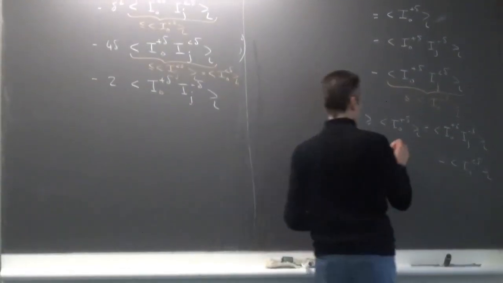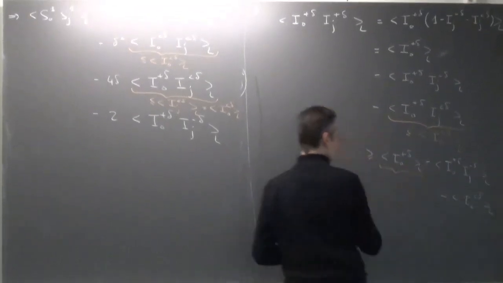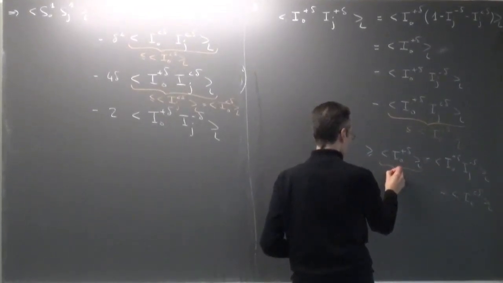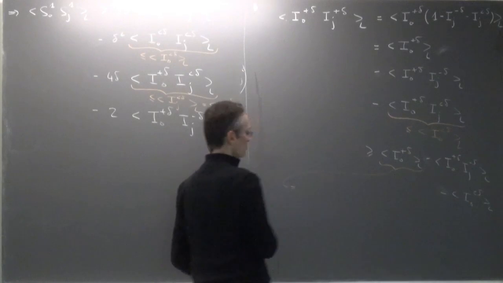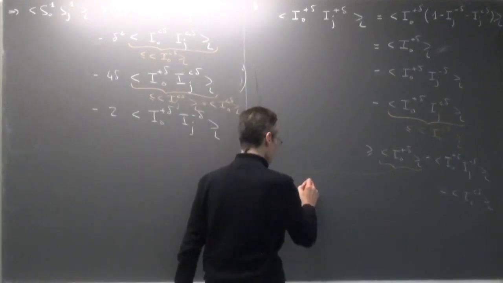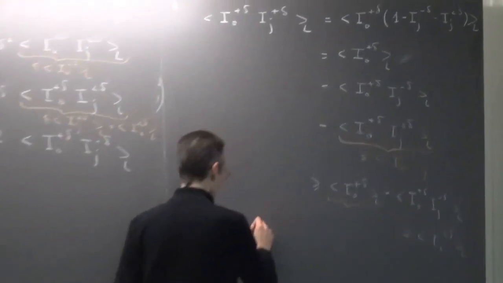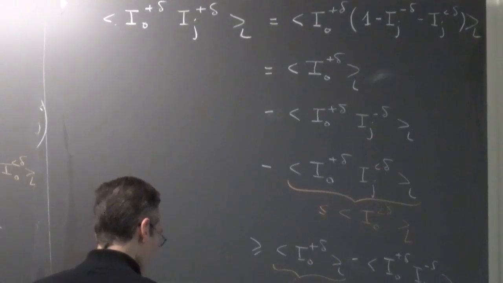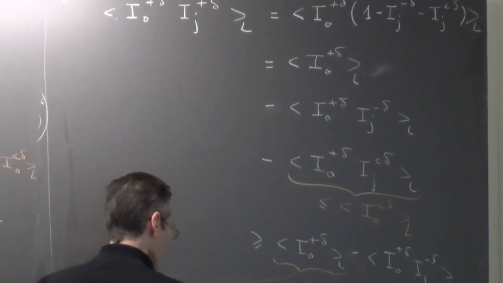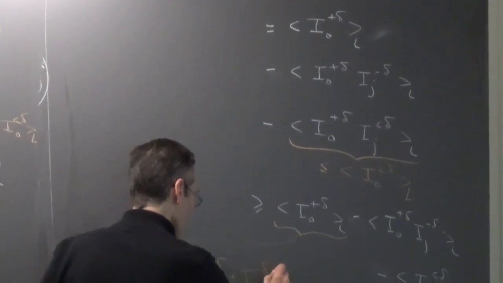I'm not completely happy yet, so let me still do one thing. This guy, I want to write as follows. The expectation of I0 plus delta, I can write it as 1/2 I0 plus delta plus I0 minus delta.